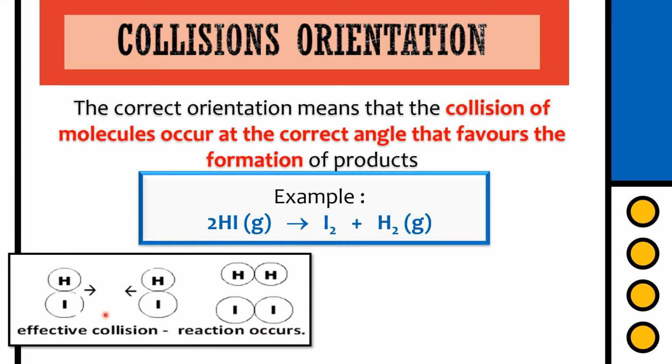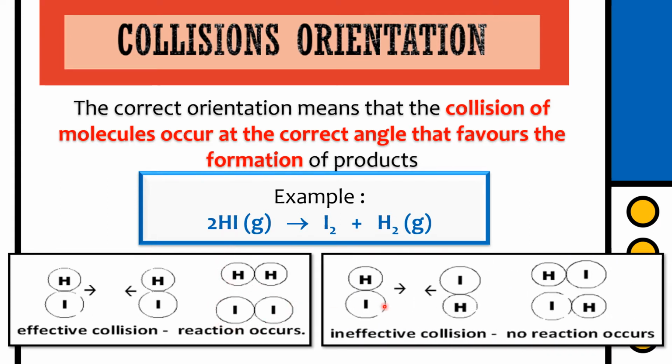The correct orientation for this one, the structure of the HI particles, should be like this, HI and HI, and this will be the correct orientation, where we can produce the product. Our product is H2 and I2.